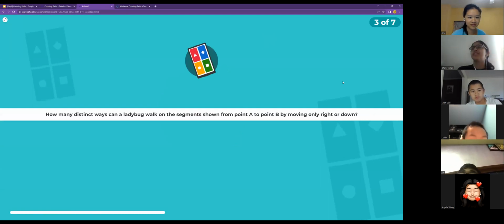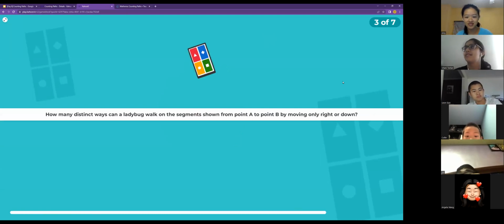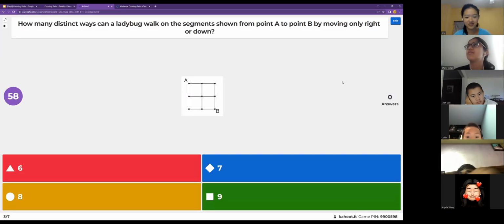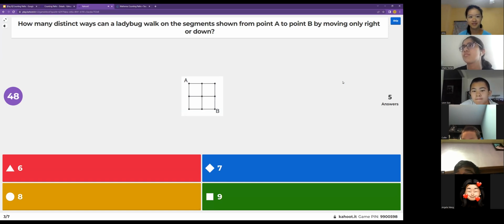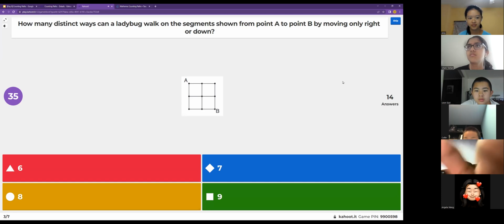So same problem, different diagram. Okay, last time we only got 16 answers.